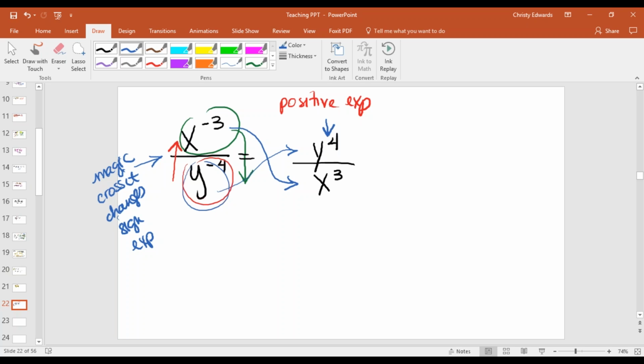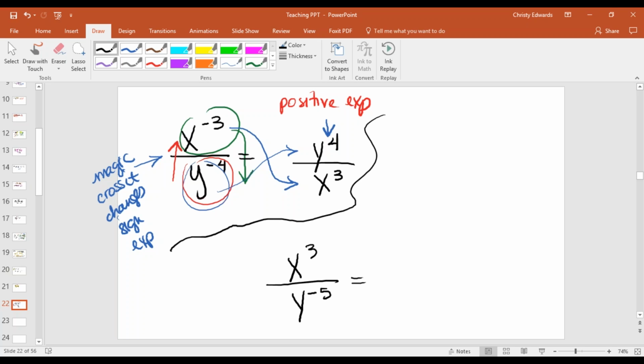Yes, all you have to do is move it up or down and it changes it back to a positive exponent. So what if it was this? X to the third, y to the negative fifth. And I said make everybody have a positive exponent.